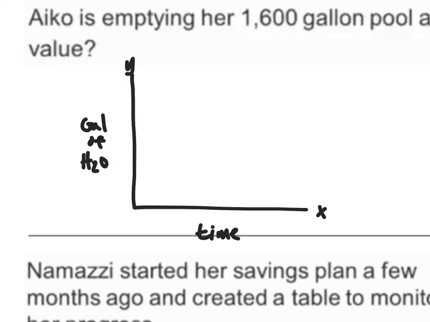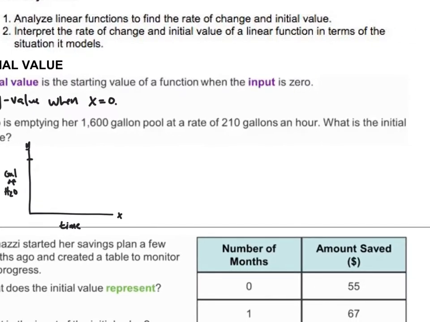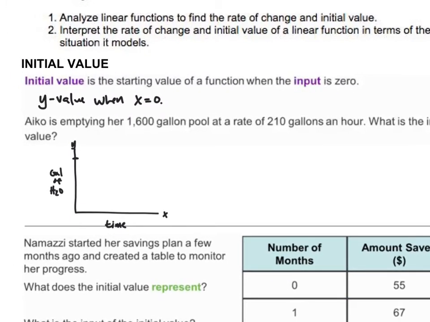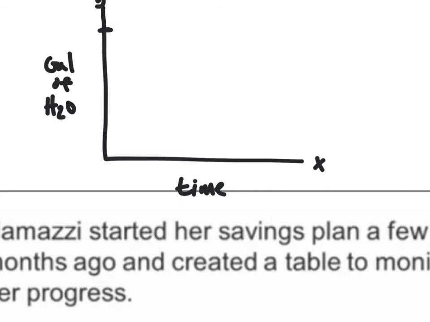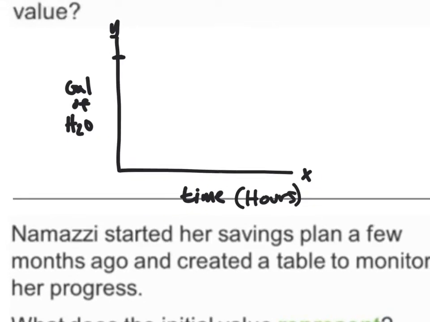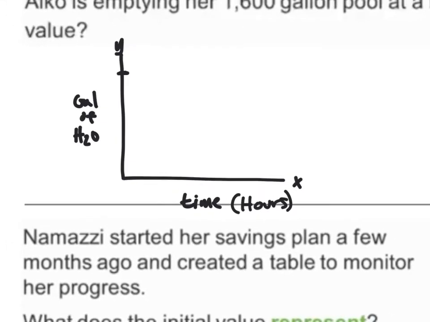And at time 0, before Aiko starts to drain it, it's gallons an hour, so time is in hours, okay? So what is the initial value in the situation? At time 0 hours, how many gallons of water are in the pool? And that answer would be 1,600, okay?